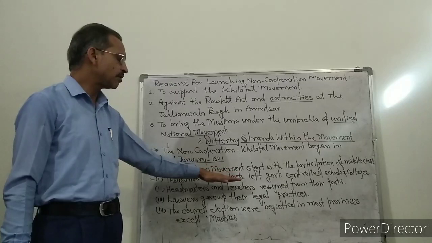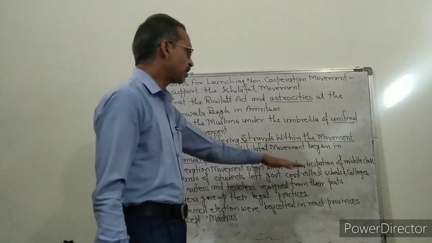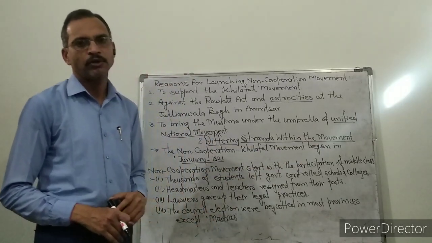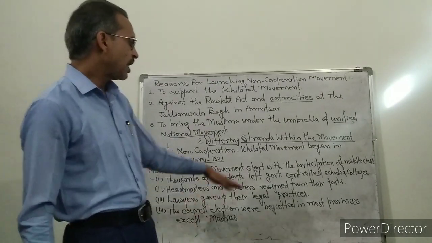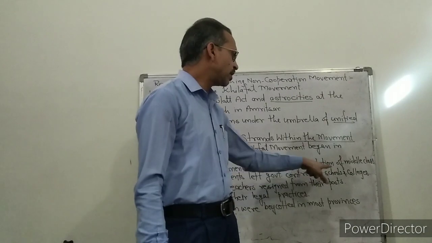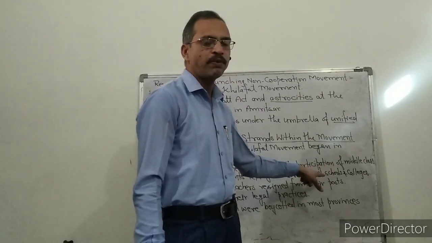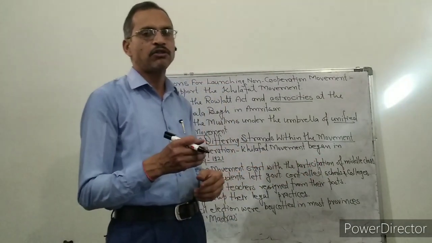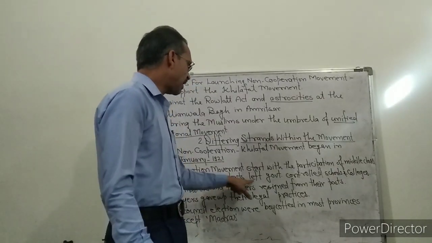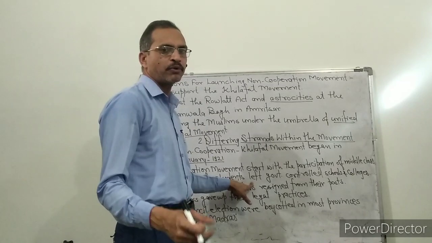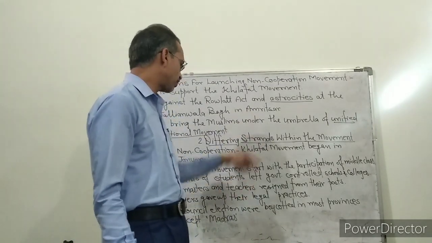Thousands of students left government controlled schools and colleges. The first step was the students. Government controlled means the British government. So many students left to show their protest against the British government.